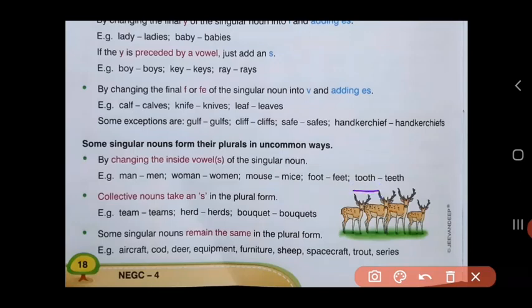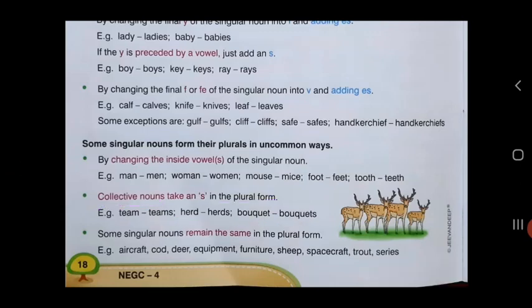Both the vowels O change to E and become teeth. For collective nouns, they take an S in the plural form. Team, teams. Herd, herds. Bouquet, bouquets.